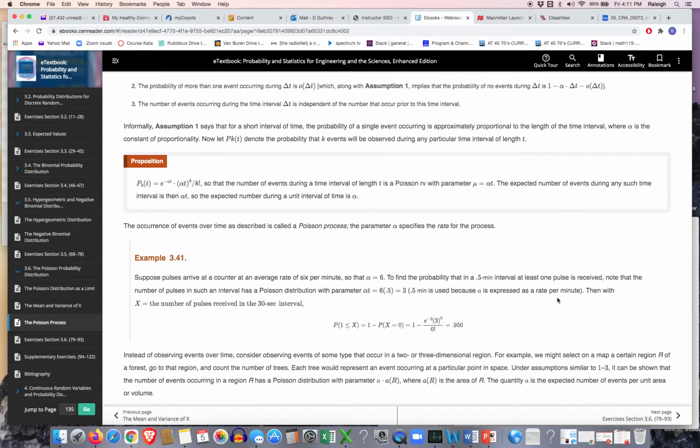It's rate per minute. So x will be the number of pulses received in the 30-second interval, where x will be, well, let's see, x being greater than 1. Let's see what we would do with that. We could ask for the probability that x is larger than 1. I don't see that they've done that yet, but okay, let's just go ahead and ask that, x greater than 1.